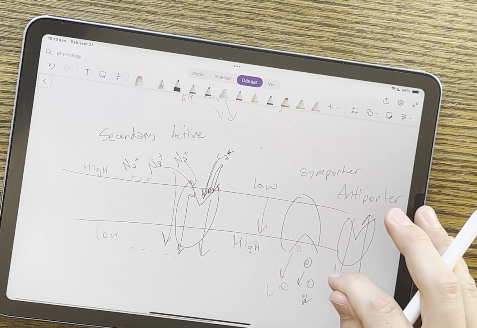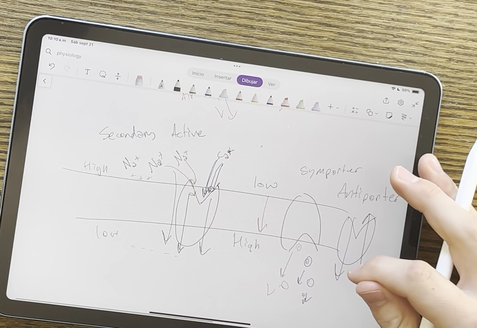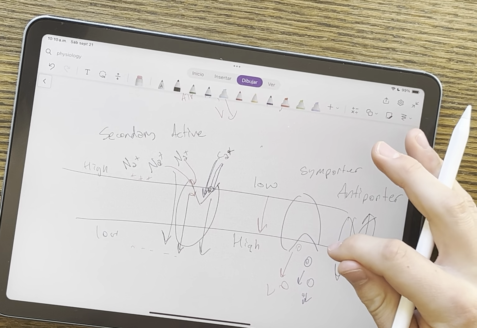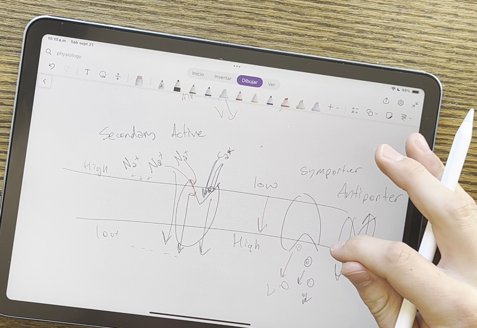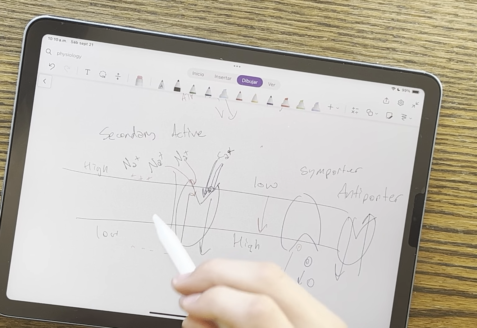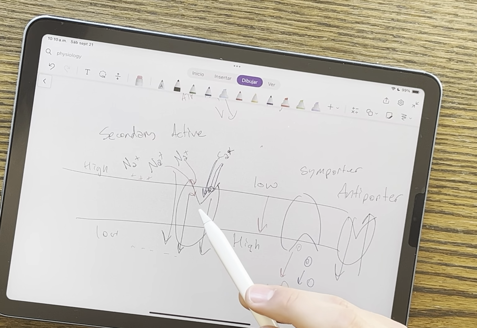I believe that covers everything when it comes to protein-mediated transport, both primary and secondary, as well as the topics of specificity, right? All of active and facilitated are all very specific. They only allow one ion, whether it's hydrated or not hydrated.